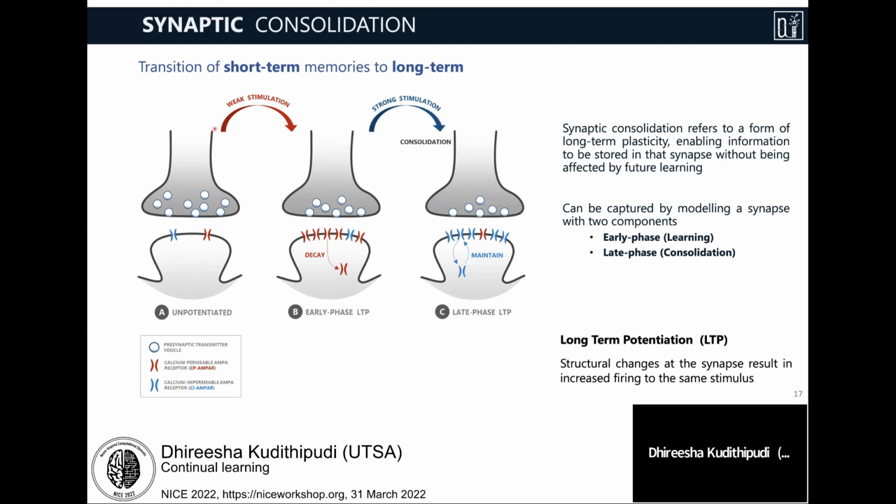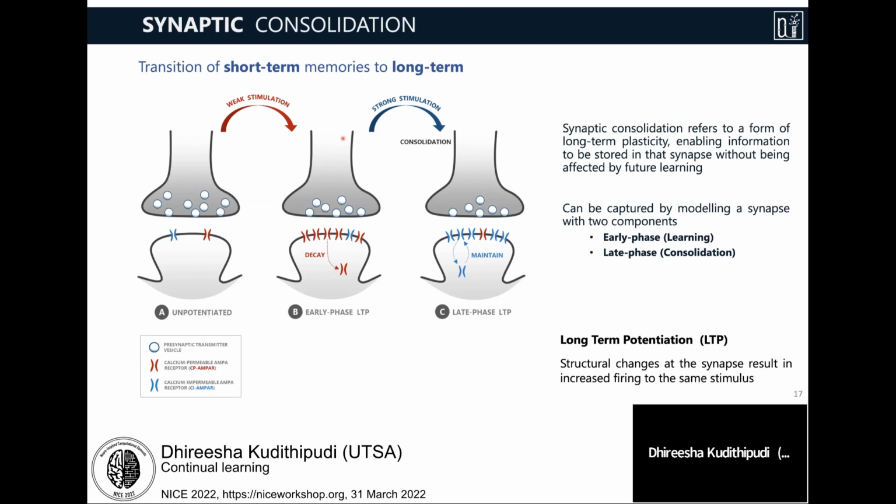So in the early phase with weak stimulation, the model is still able to learn, and with strong stimulation in the late phase, you could see that it is maintaining its prior knowledge. Consolidation acts at a much longer time scale than plasticity induction, and it can act in conjunction with other plasticity mechanisms to allow a synapse to remember its past knowledge.